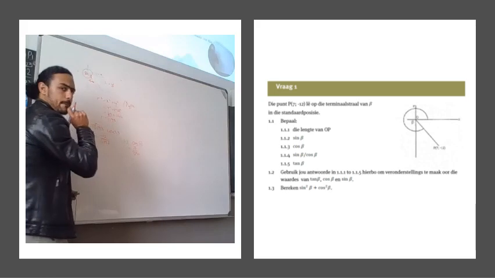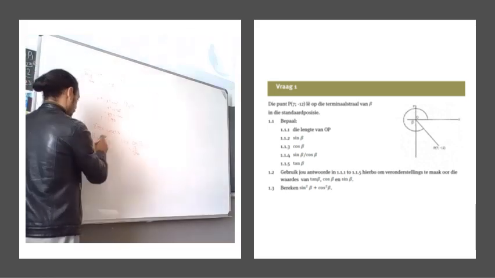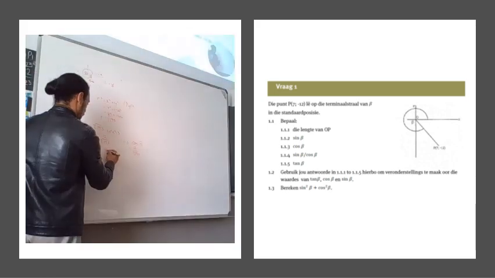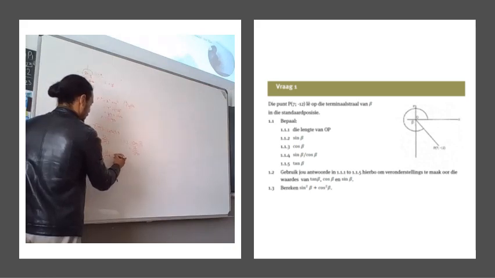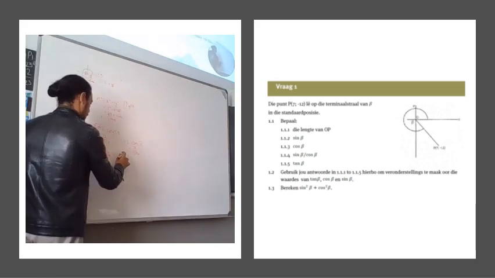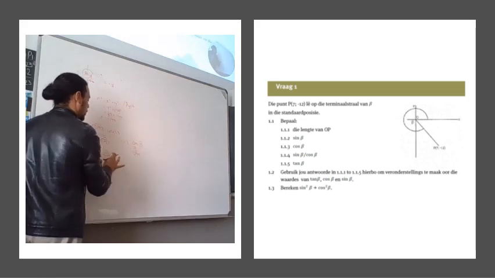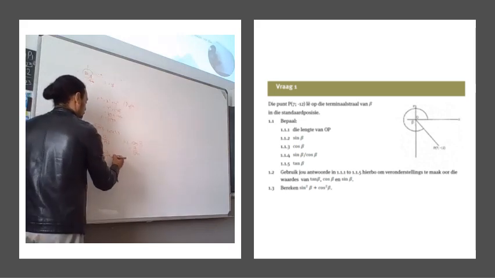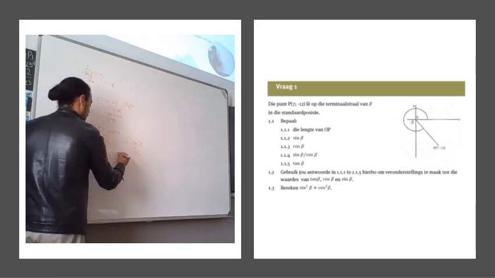This is going to be, I already have the answers, negative 12 over the square root of 193, and I'm doing division. I'm going to divide this by 7 over the square root of 193. But as I know, once I'm doing division of fractions, I can actually multiply with the reciprocal.